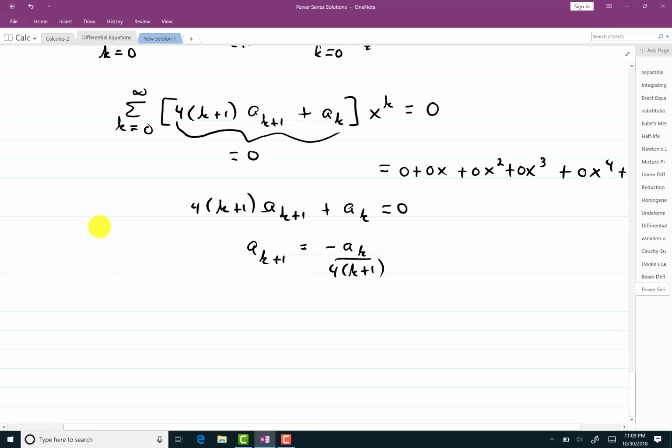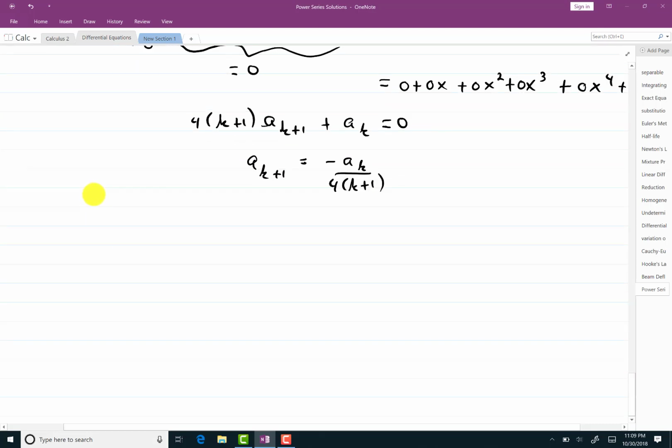And this is how we start to generate our solutions. What I'll do is base everything off of a sub 0. So using this, a sub 1, when k equals 0, will equal negative a sub 0 all over 4 times 0 plus 1, which equals negative a sub 0 over 4.